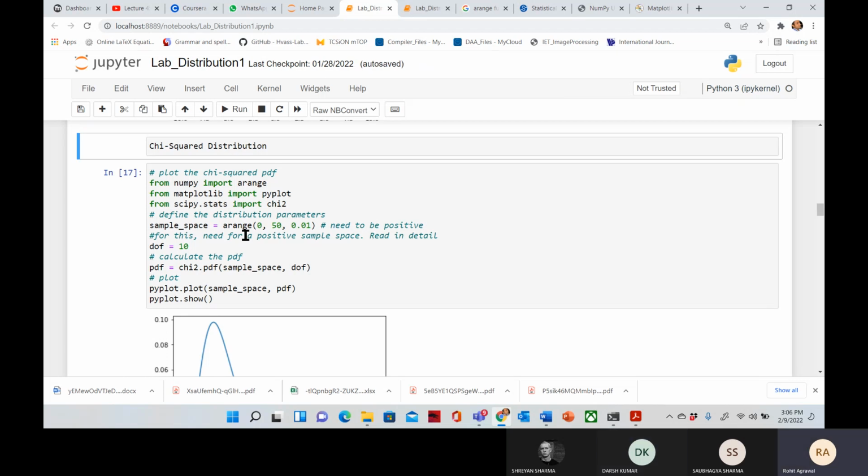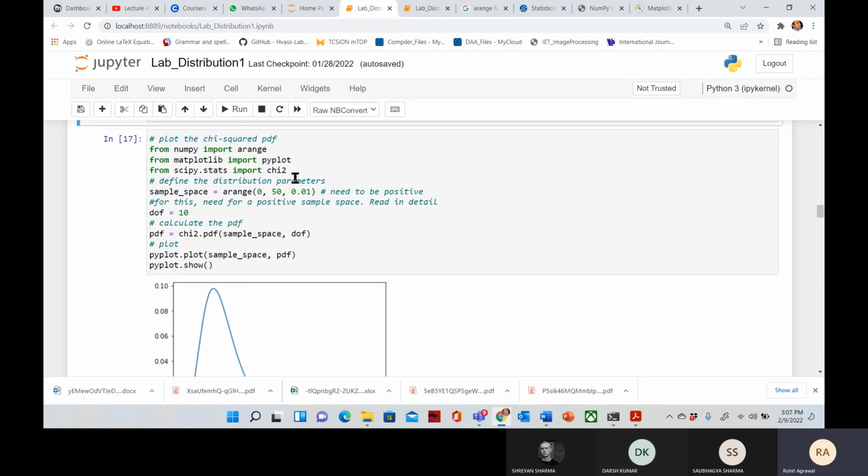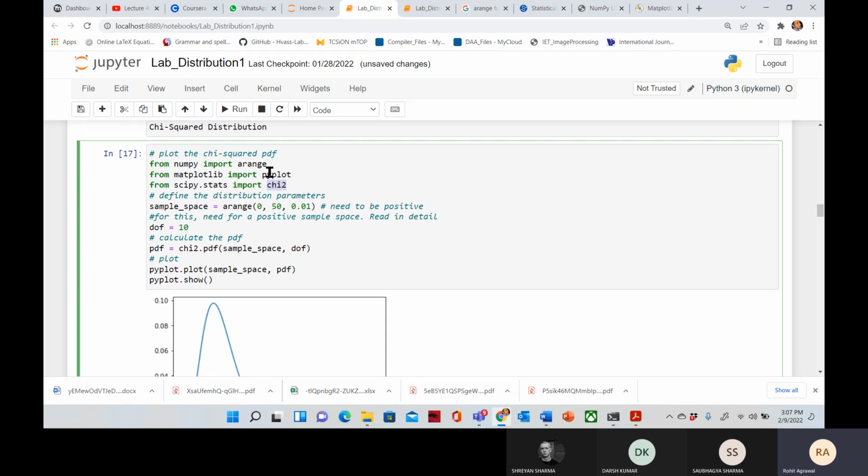Yes. Okay. Can we discuss one more, the chi-square distribution? It will take just 5 minutes. Okay, sir. The same code is there. This time we are using chi2. This is called chi-square, or maybe chai-square, it depends on how you pronounce it.